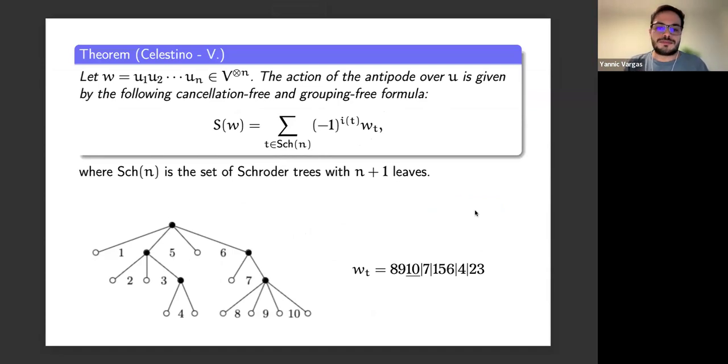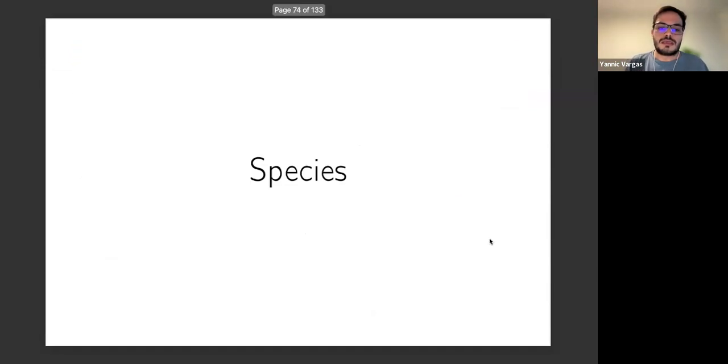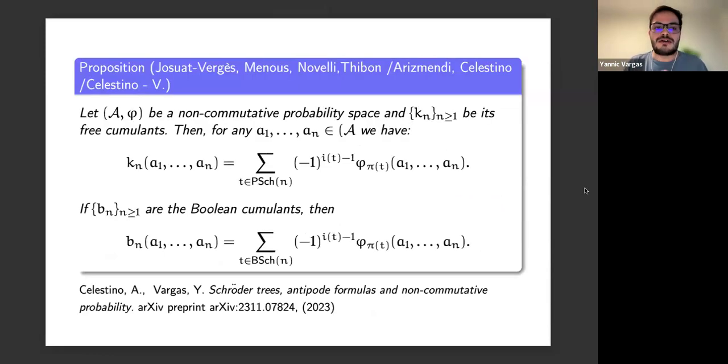From this formula, we can recover a nice formula for these free and Boolean cumulants, again in terms of some class of Schroeder trees called prime and Boolean. So it's just a quick way to recover those formulas, knowing now the antipode of this double tensor algebra. So I think my time is over.